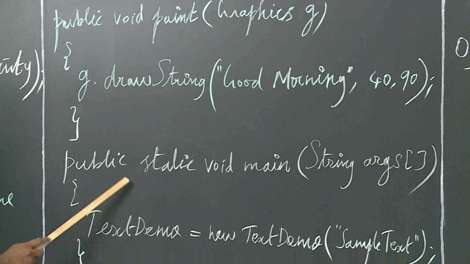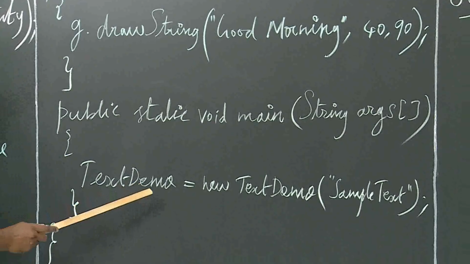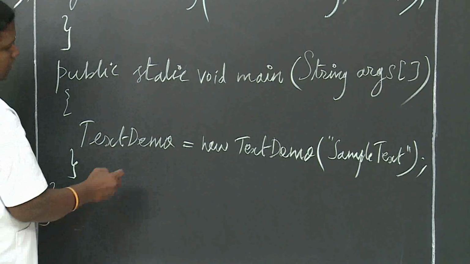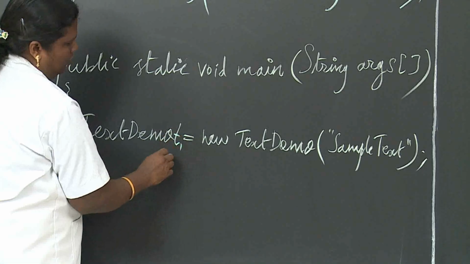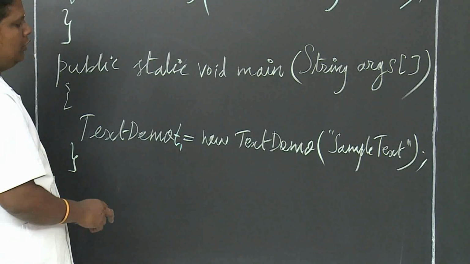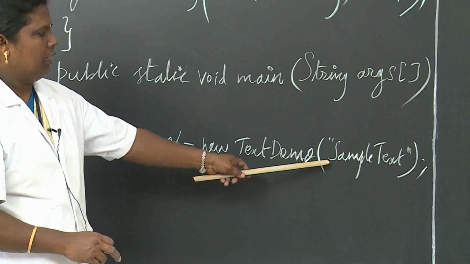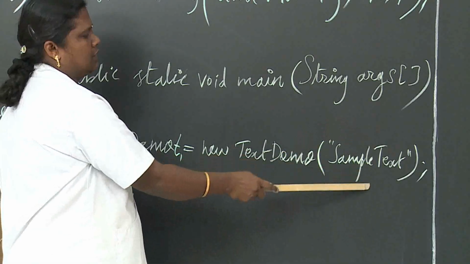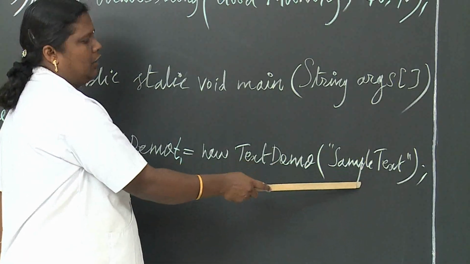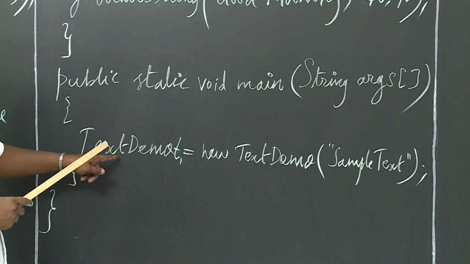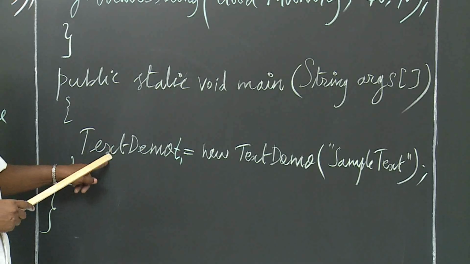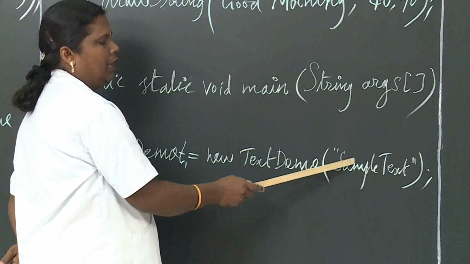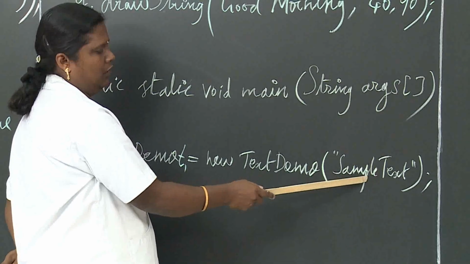Finally, within main, as usual, I am creating TextDemo with the object p1, passing the heading "sample text" to the frame, like whatever we passed through the super function to its frame class. This is the header of the frame.